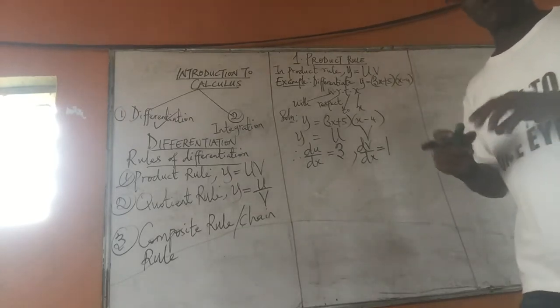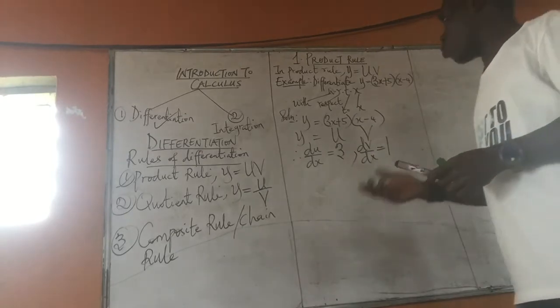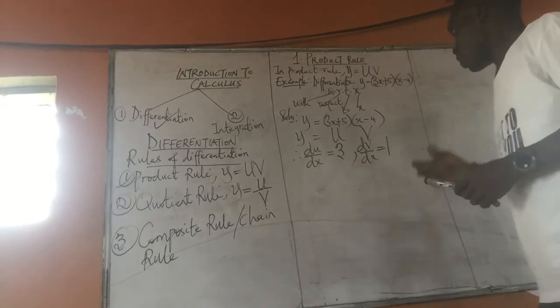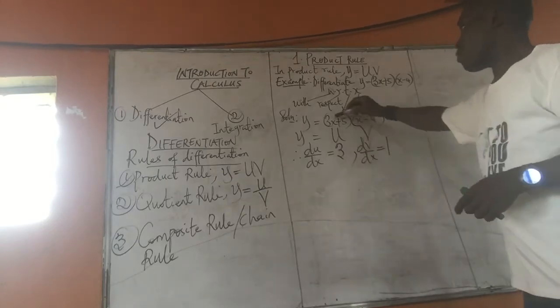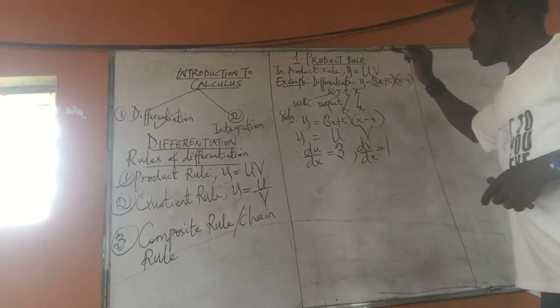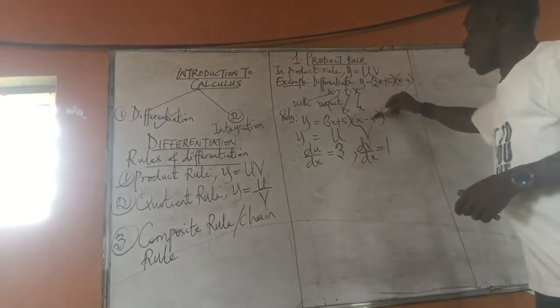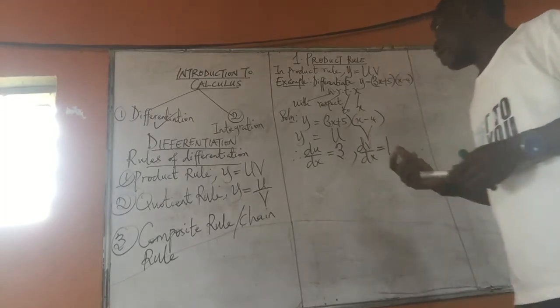That means the derivative of 5x cubed, we give 15x squared. So we are still following the same principle on this. Derivative of 3x, we give 3. Derivative of x, we give 1. Like I said before, derivative of any number, we give 0.